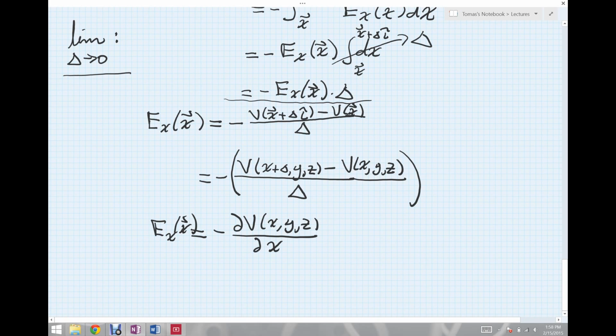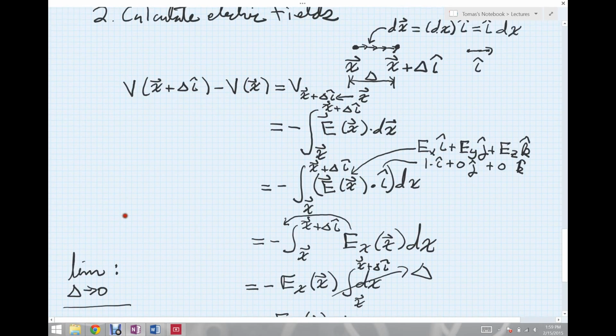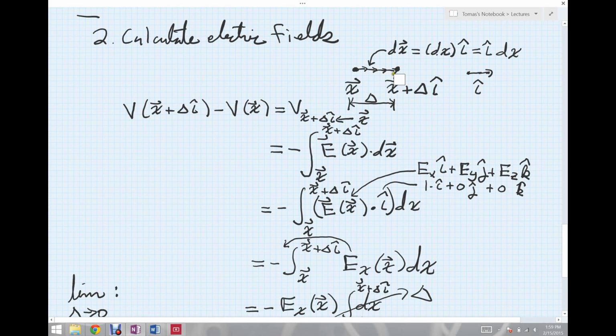I'll allow you to do this as an exercise: I can carry this argument out by moving not just along the x direction as I happen to do here, but if I did it along y, I would be looking at changes in V along y, so that would become a partial y derivative. But because I'm moving along y, when I do my dot product here, I will be getting the y component of the electric field instead of the x component.